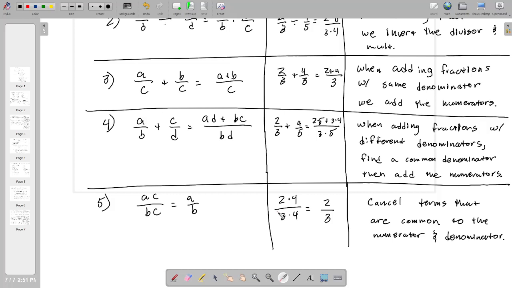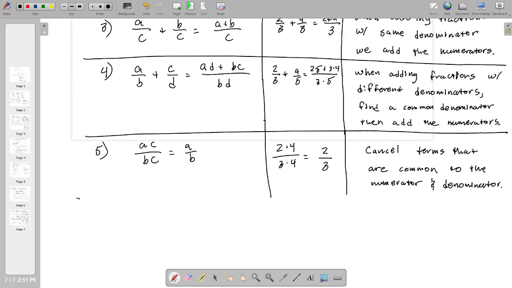So if we take something and divide by 4 and then immediately multiply by 4, that will revert back to what we had originally. Similarly here, we do 2 times 4 and 3 times 4 and then divide their results. The 4 will cancel itself, and you're left with 2/3 because multiplication and division undo each other. They're inverse operations.